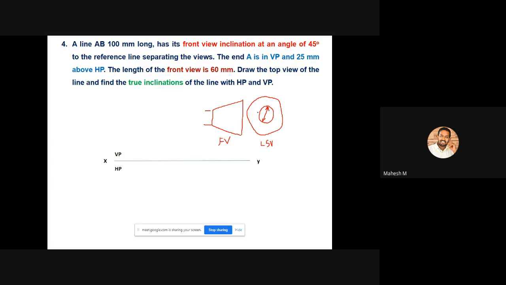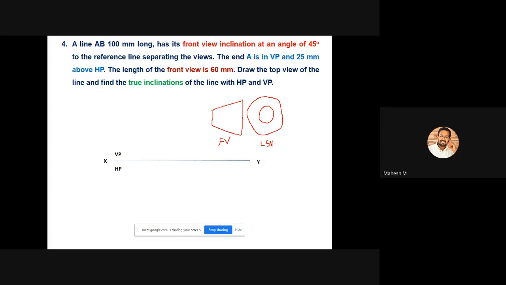because this circle is what appears as a line in the front view. So the length of this line should be equal to the diameter of this circle, and also the length of this line should be equal to the diameter of this bigger circle. Most of you are not following this pattern. I will tell you once again.